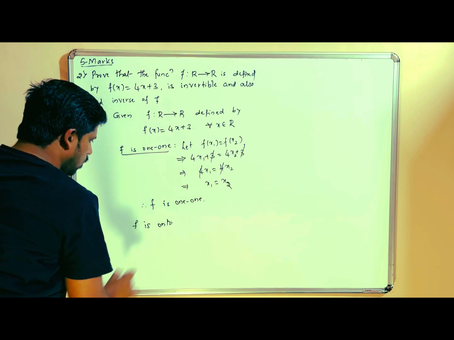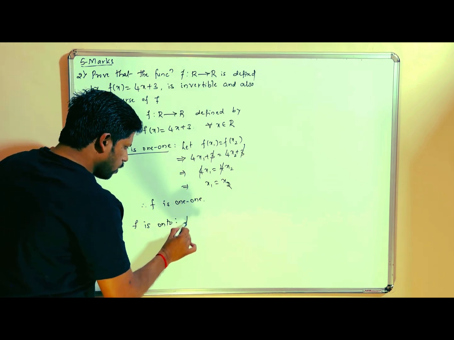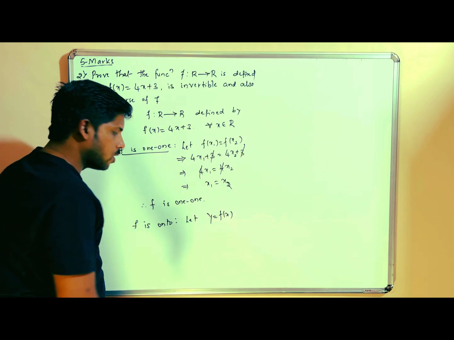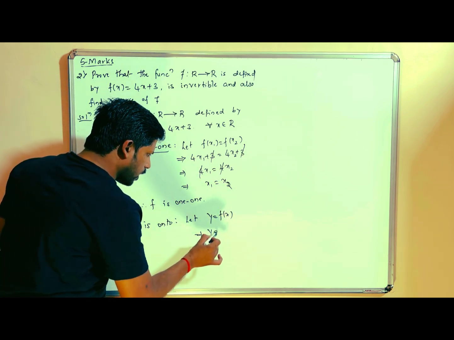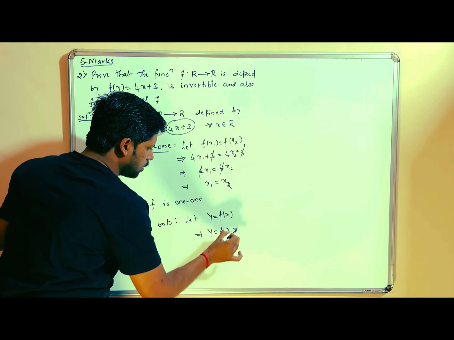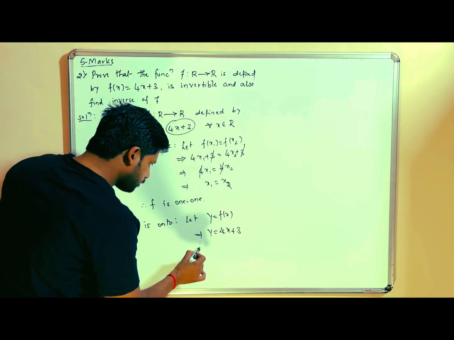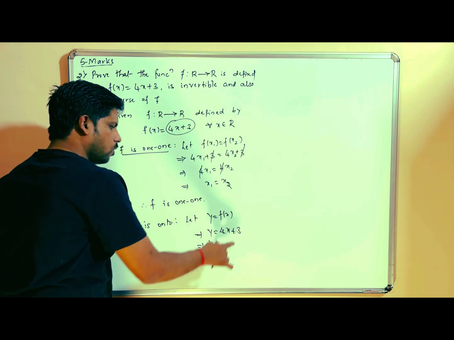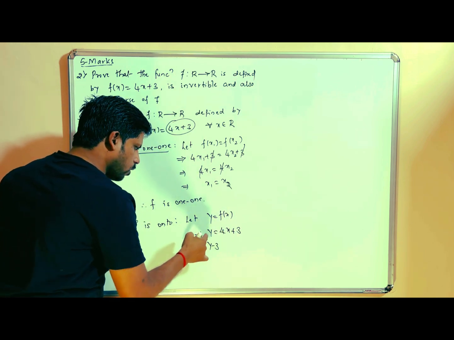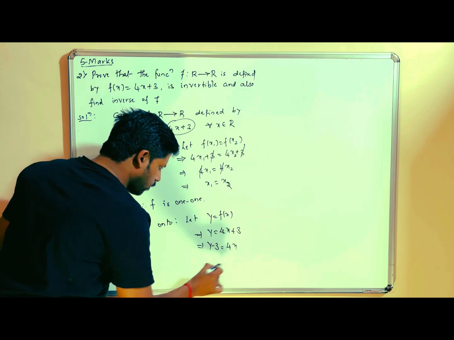What about f is onto? Here consider, let y is equal to f of x. Same steps. Then y is equal to, what is f of x here? 4x plus 3. Then y minus 3 is equal to 4x, taking plus 3 to the LHS.